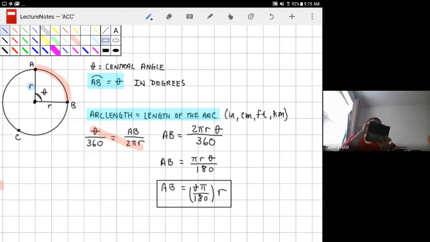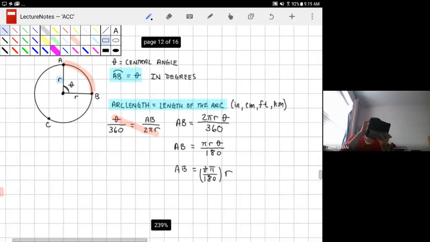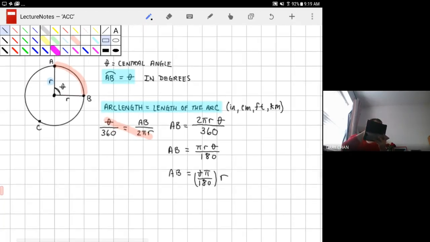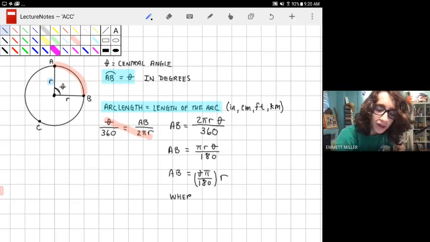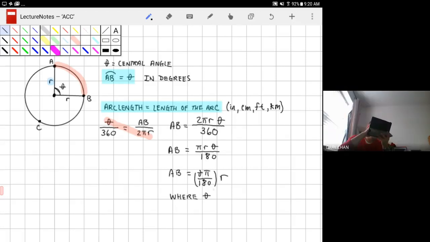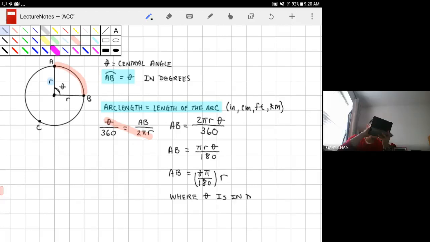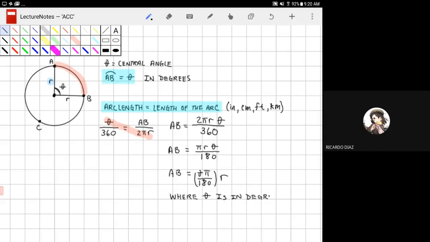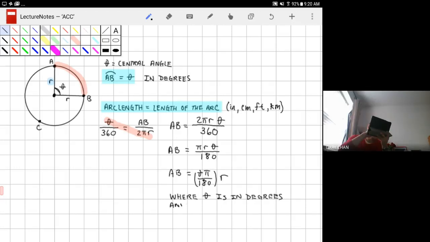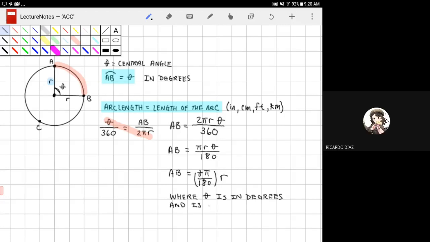Okay? Well, actually, there's one more thing I forgot. Let me explain. So where theta is in degrees and is the central angle.